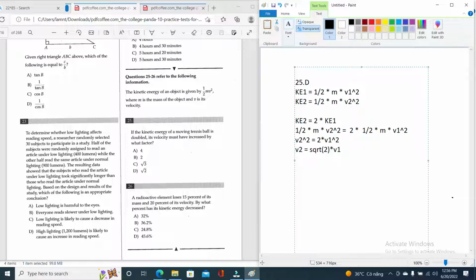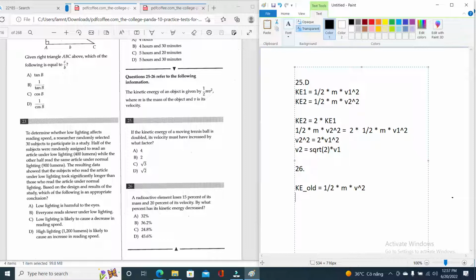Number 26. The radioactive element lost 15% of its mass and 20% of its velocity. By what percent has its kinetic energy decreased? Okay, so the original kinetic energy, I'm going to say KE0, is still 1/2 m v squared. So let's just get rid of the subscript and just put v.